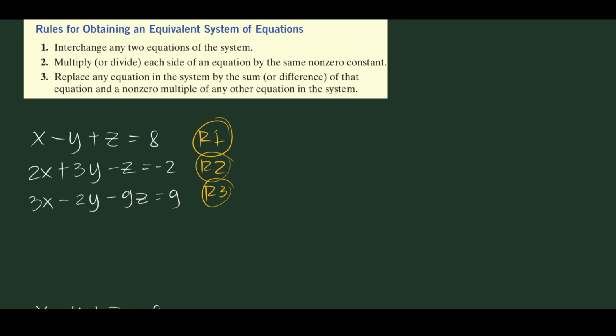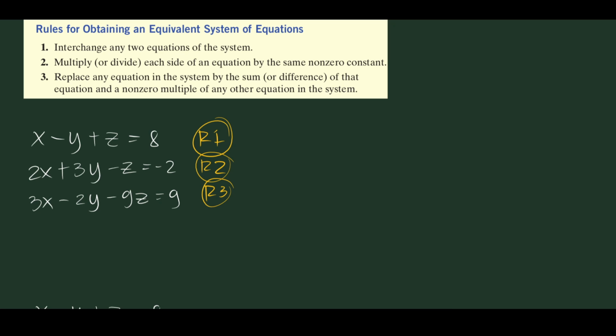In order to remove x from R2, I'm going to multiply R1 by negative 2, then add that to R2, and then replace R2 with the result.